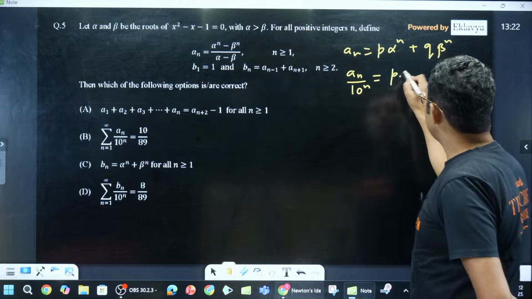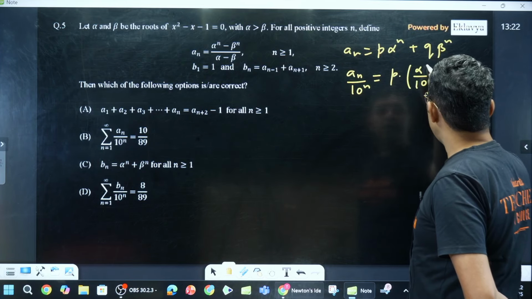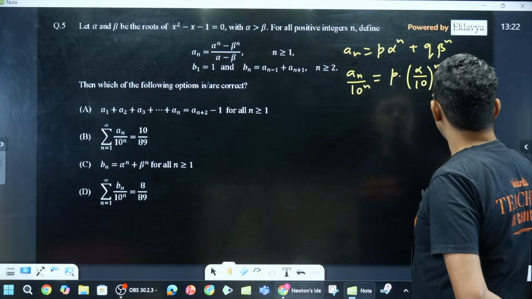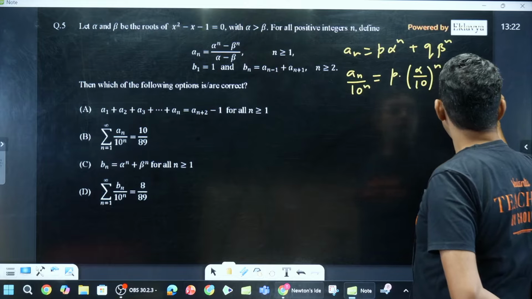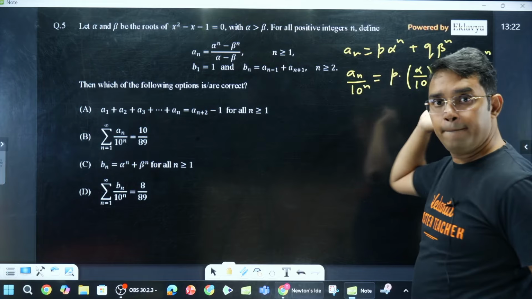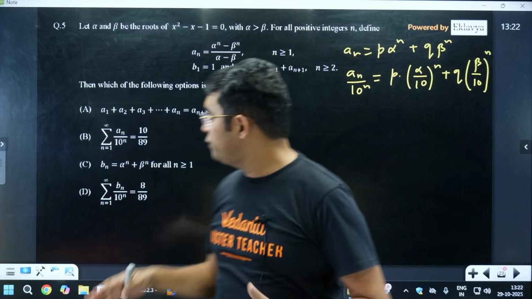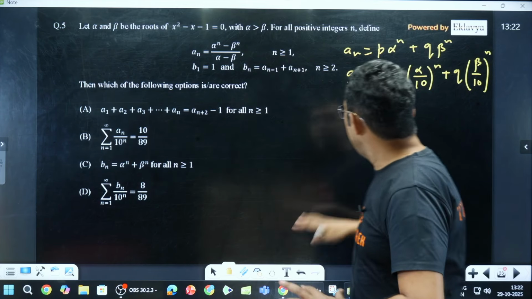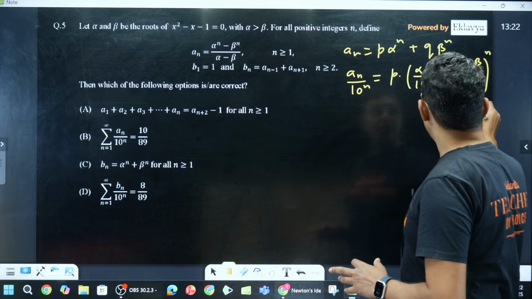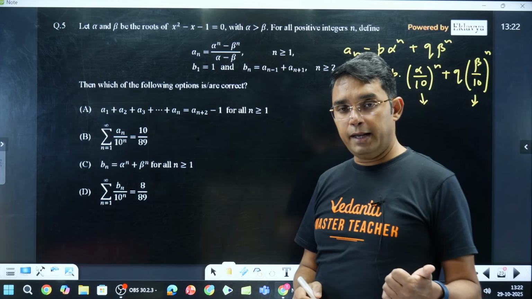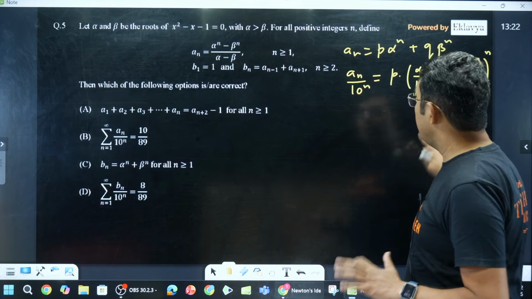We can write this as p into alpha upon 10 whole power n plus q into beta upon 10 whole power n. So the sum of the terms of this sequence is like one where the roots should have been alpha by 10 and beta by 10.